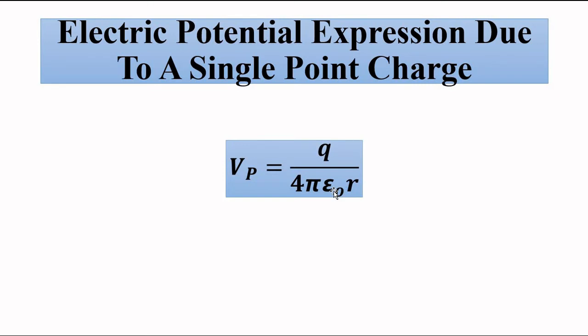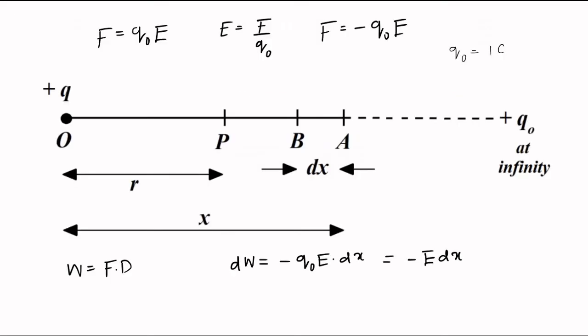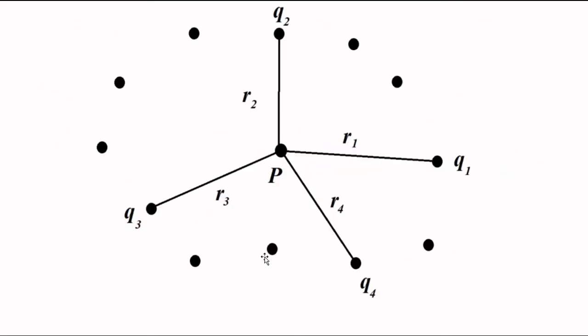Now, if we extend this discussion from a single point charge to multiple point charges located in space, let us say we have a number of point charges Q1, Q2, Q3, Q4 up to Qn located in space, at distances R1, R2, R3 and R4 from the point P where we have to calculate the electric potential. So here again the principle of superposition will come into play.